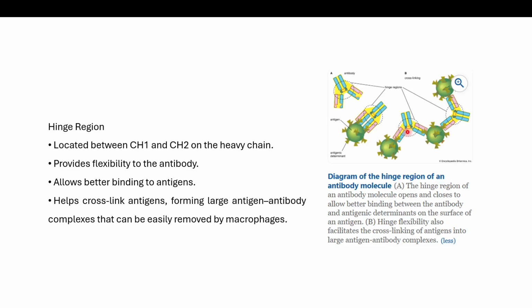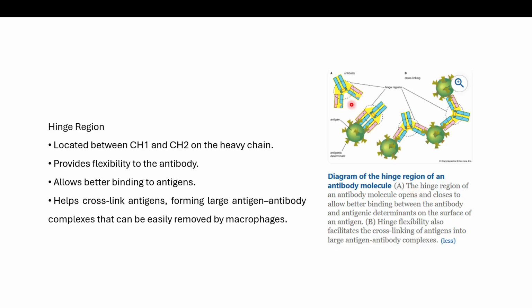It helps in providing flexibility to the antibody, and because it provides flexibility, it eventually helps to attach to the antigen in a stronger way. And it helps cross-link antigens, forming large antigen-antibody complexes that can be easily removed by macrophages.